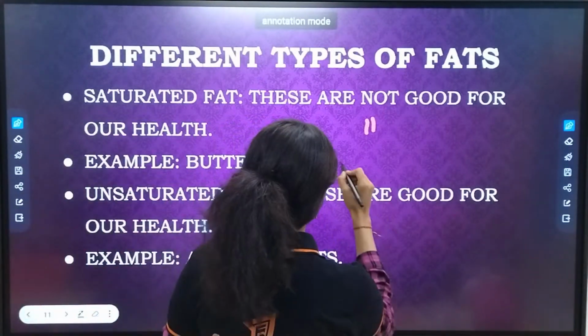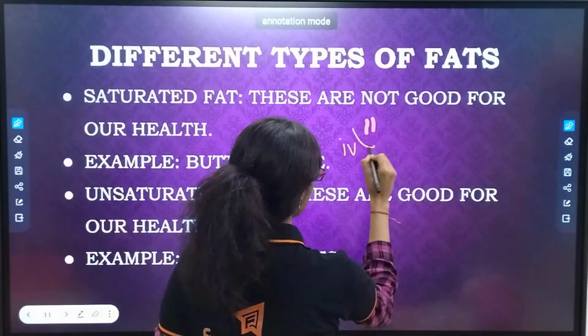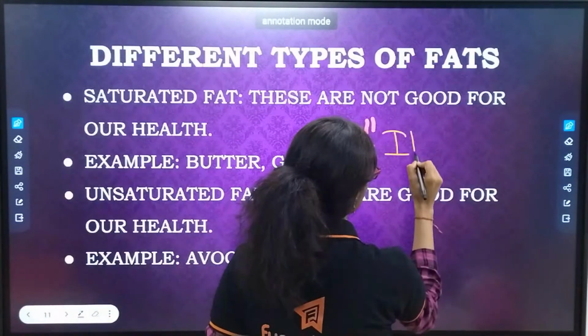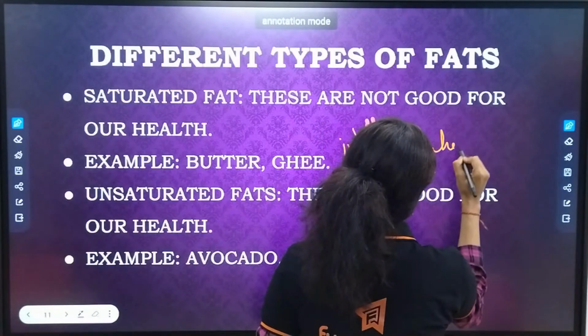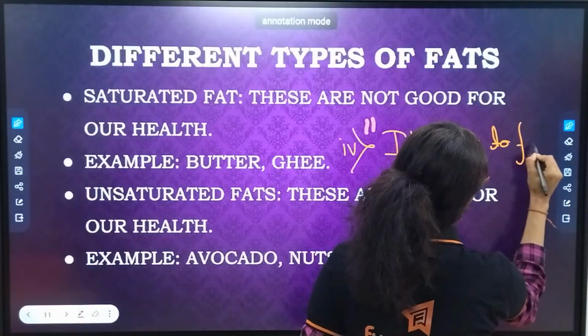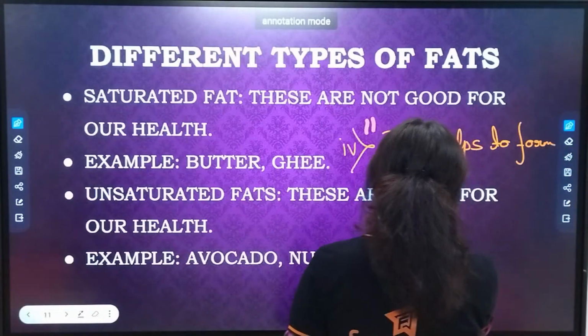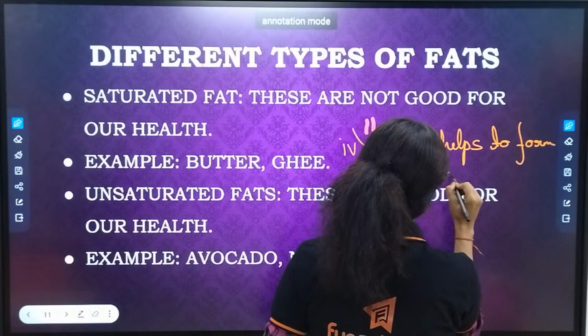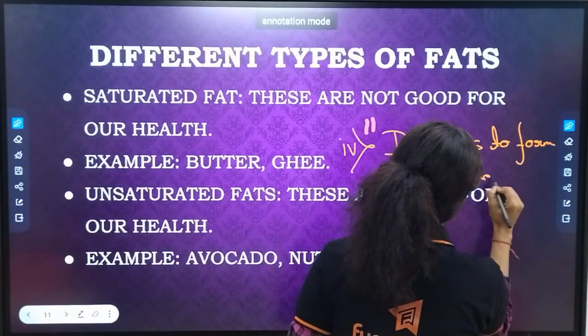Last point. Number 4. It helps to form our cell membrane.